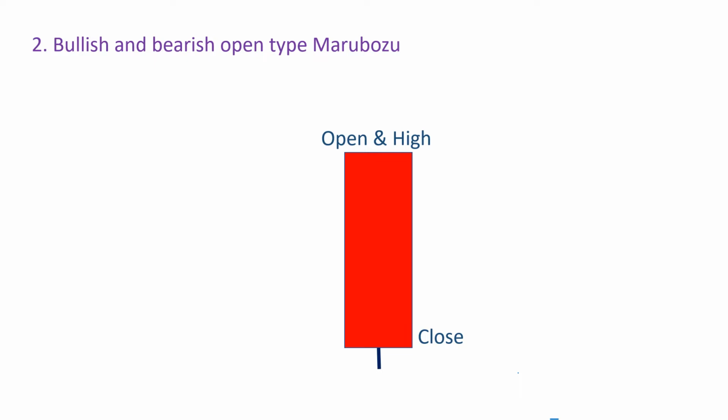This is an indication of the presence of buyers in the market, and this is the lowest price for the duration of this candle. The strong bearish open type Marubozu indicates the sellers have strong power and traders should look for a selling opportunity to go short.